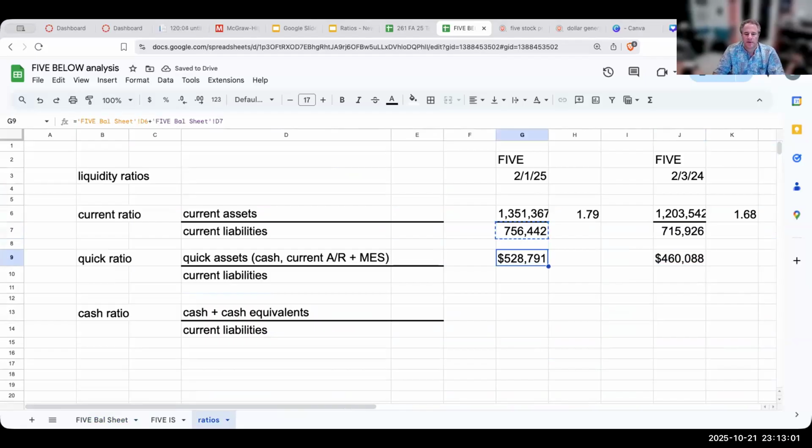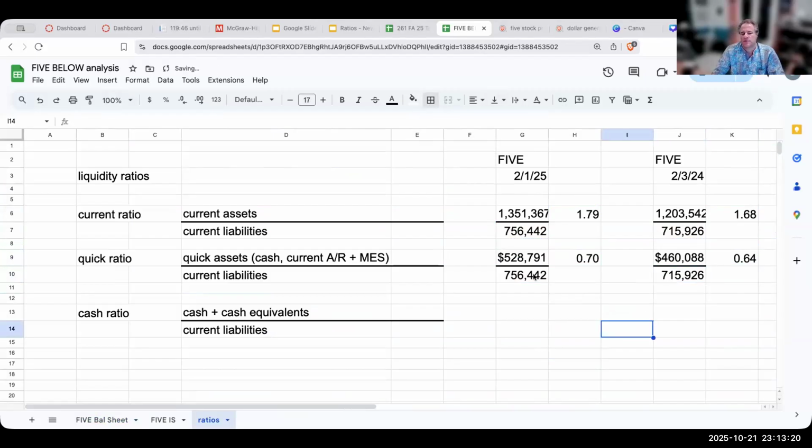I copy this down here. My current liabilities aren't changing, and so my quick ratio is 0.7, and over here it's 0.64. So we could say that the quick ratio seems to be improving for Five Below.